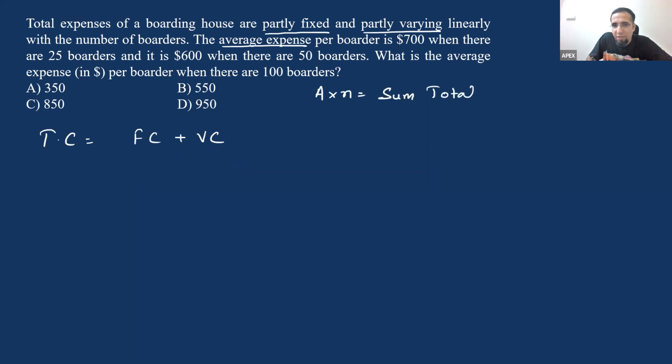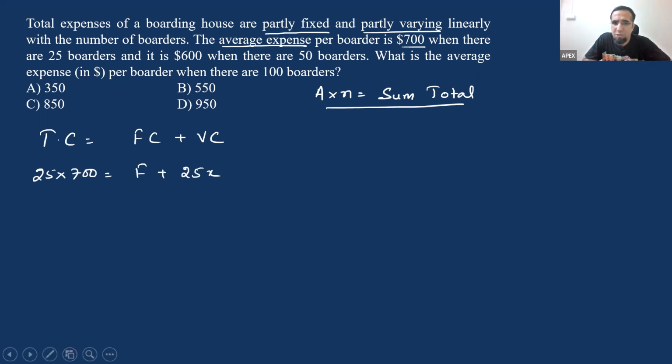This is the only thing that you have to keep in mind because the question says average expense per boarder. Now, average expense per boarder is 700 when there are 25 boarders, which means 25 into 700 is the total cost, which is equal to fixed cost plus variable cost.